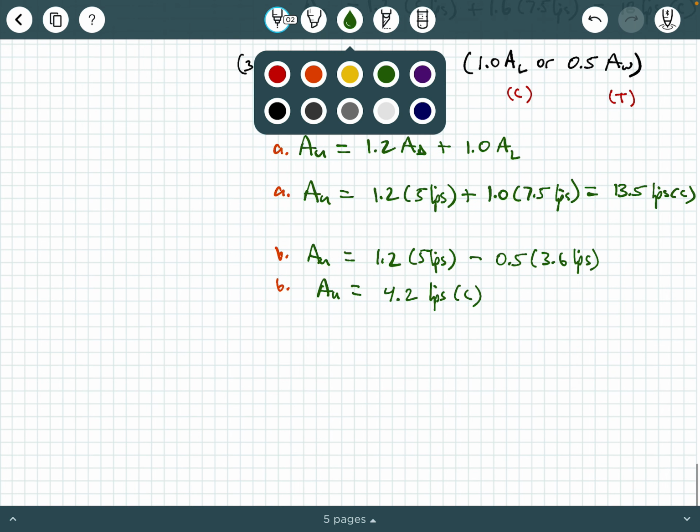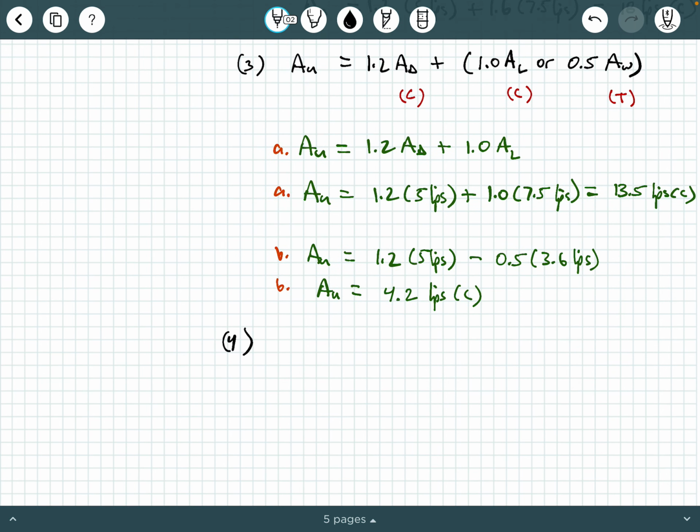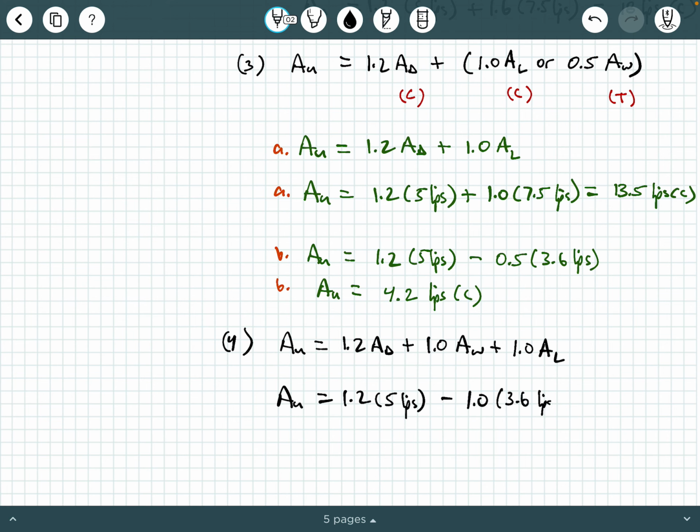But let's go ahead and investigate combo 4 to finish it off. So combo 4 says AU equals 1.2 A dead plus 1.0 A wind plus 1.0 A live. Substitute my values in, 1.2 times 5 kips, and then minus 1.0 times 3.6 kips. Again, why the minus?